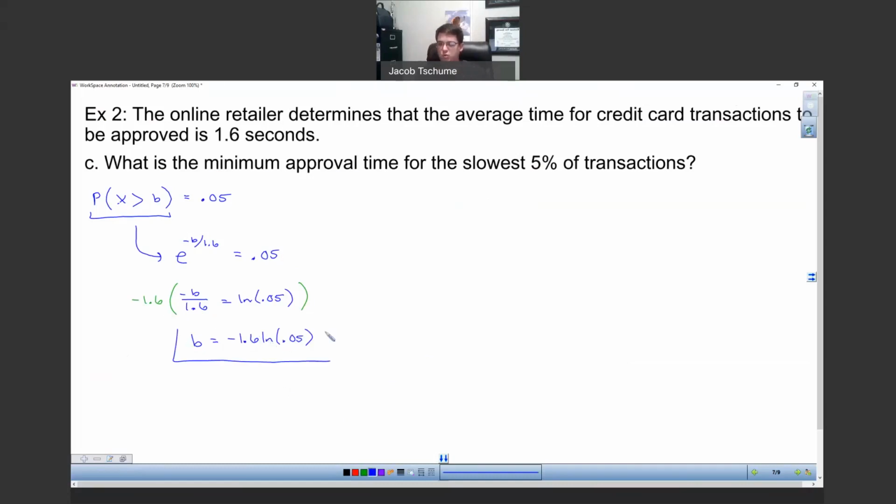And that is your exact answer for what the approval time would be to get the slowest 5% of transactions. Now, if you type that into your calculator, you should get about 4.79 seconds. So that means that only the slowest 5% will take 4.79 seconds to get approved.